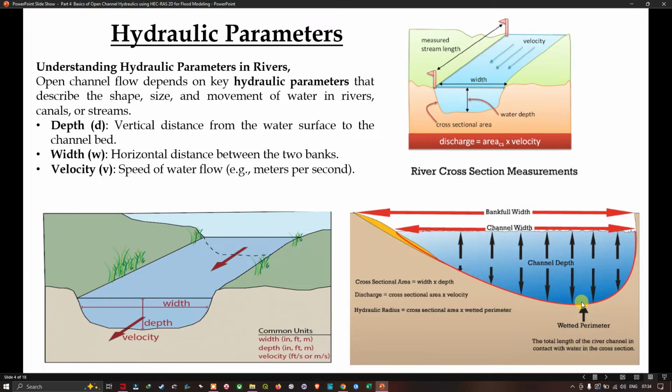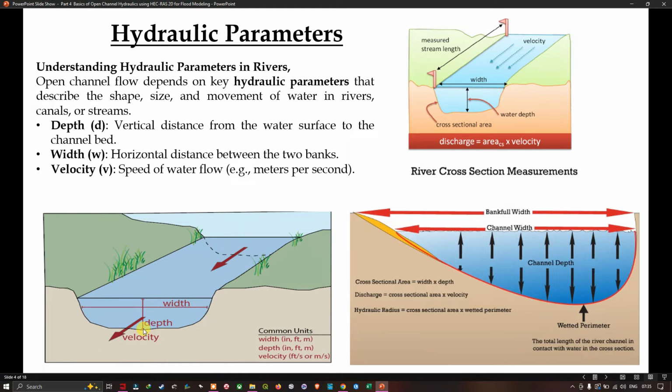To calculate the cross-sectional area of this river channel, we multiply the width by the depth. The width runs from the left bank to the right bank, and the depth is from the top surface of the water to the bottom of the river channel.